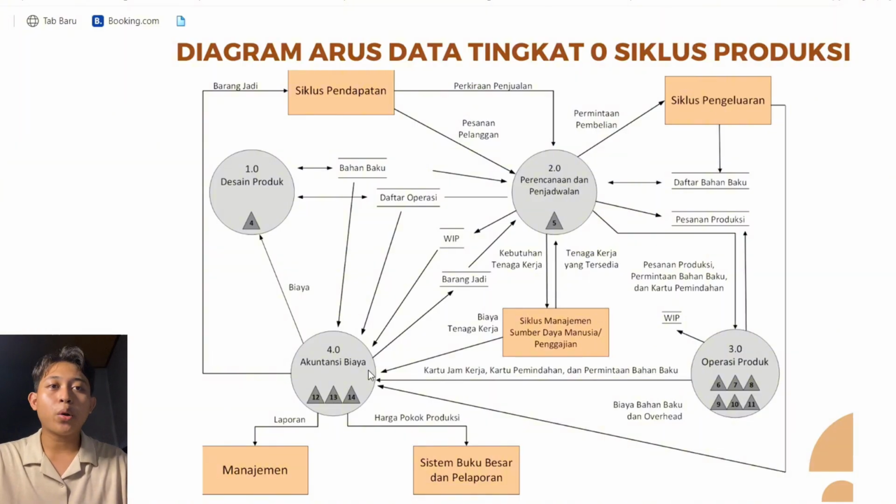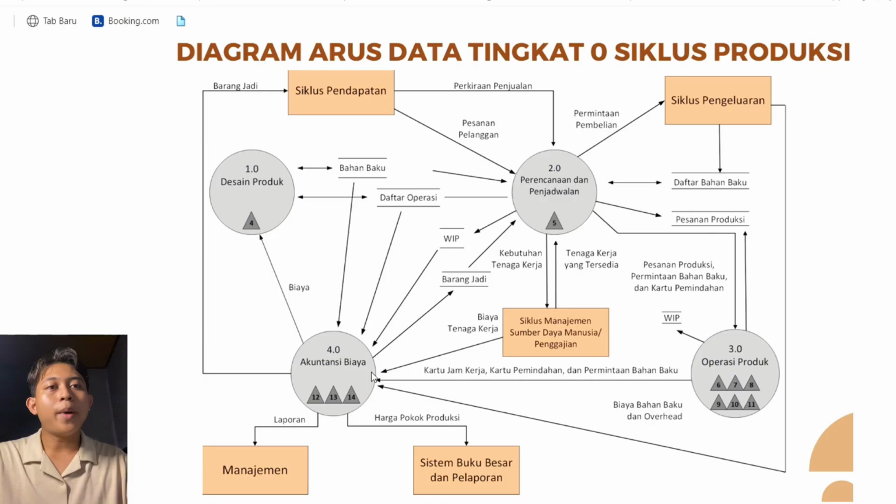The physical product along with its data is immediately sent to the revenue cycle as finished goods, so the sales team can promptly distribute them to customers. And then the cost accounting department is responsible for compiling all expenditure.